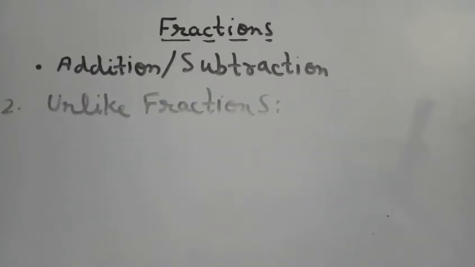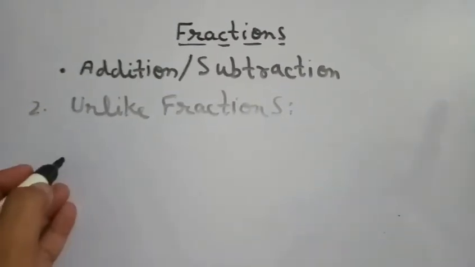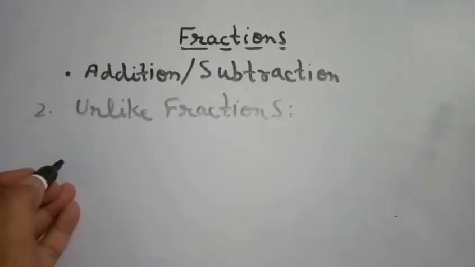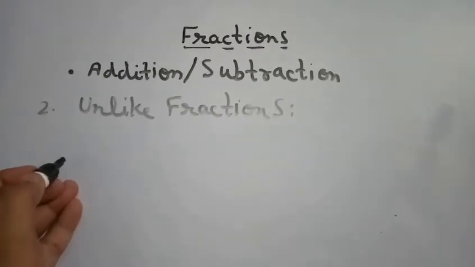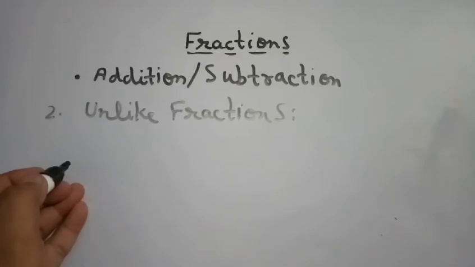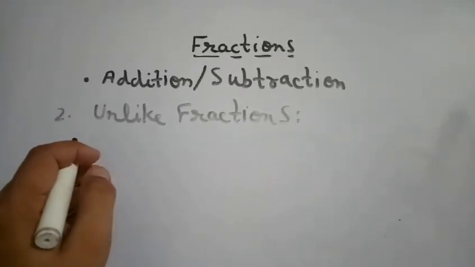Now student, the second part, addition or subtraction of unlike fractions, in which the sum or difference of two or more unlike fractions is found by the following steps. First one, make the denominators equal.